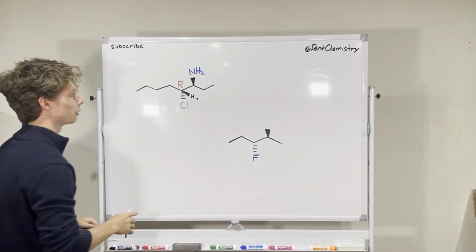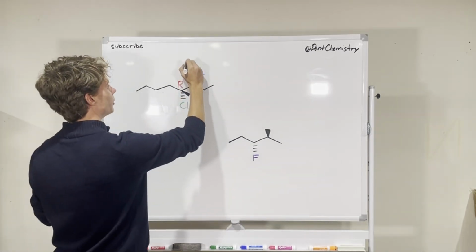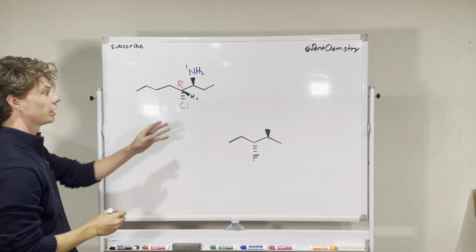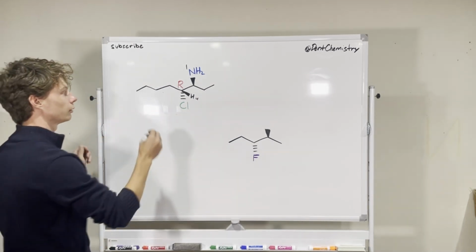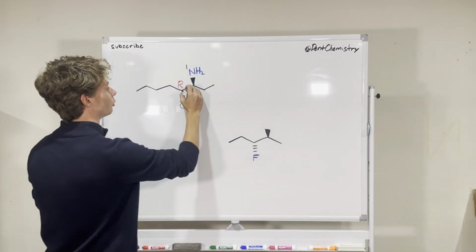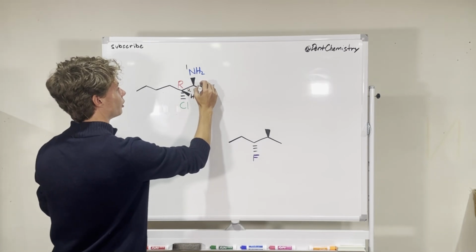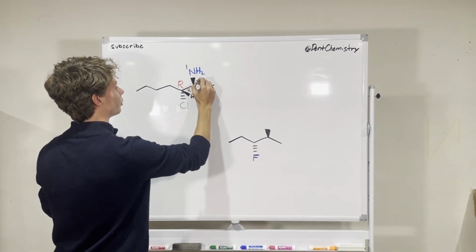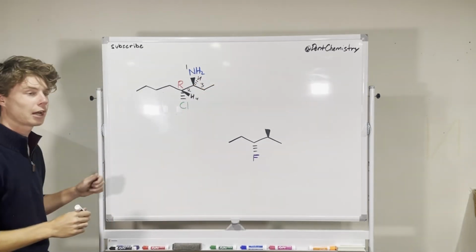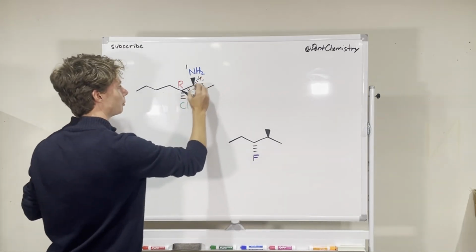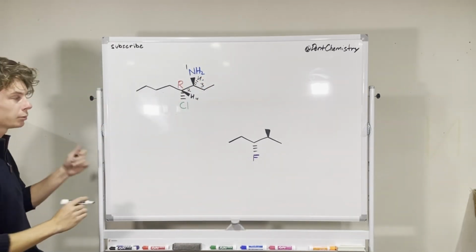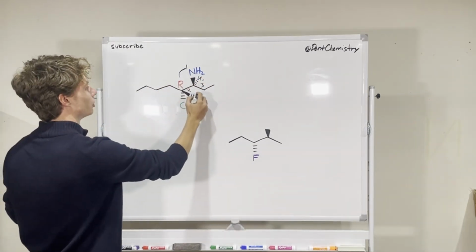With our amine stereocenter, our amine is going to be number 1. Our carbon chain to the left is larger than the right, first point of difference. So this will be number 2. Our carbon chain to the right will be number 3. Not drawn in is hydrogen with a dash, and that will be number 4. Based on size, those are my priority groups. I connect 1, 2, and 3.